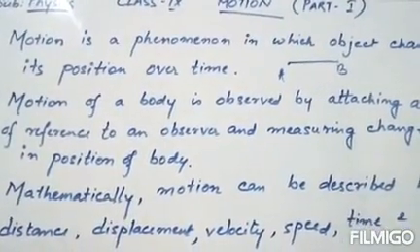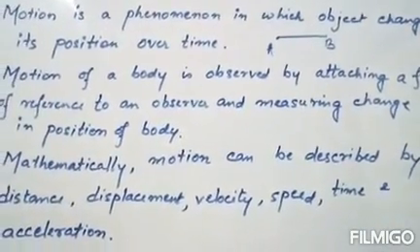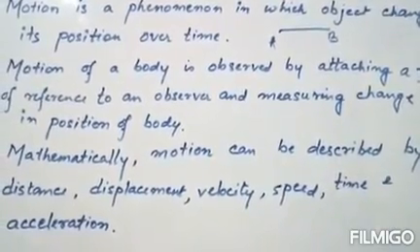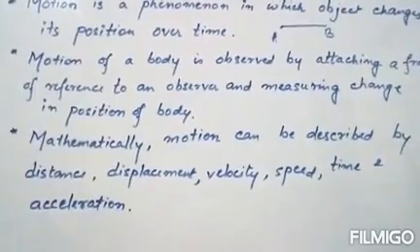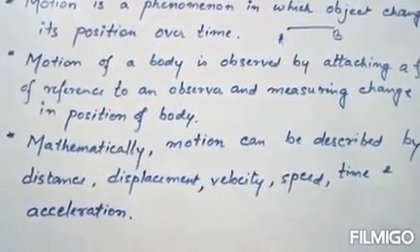Now third point, mathematically motion can be described by distance, displacement, velocity, speed, time and acceleration. If I want to describe motion, how will I describe it? Of course motion means it will have some speed.